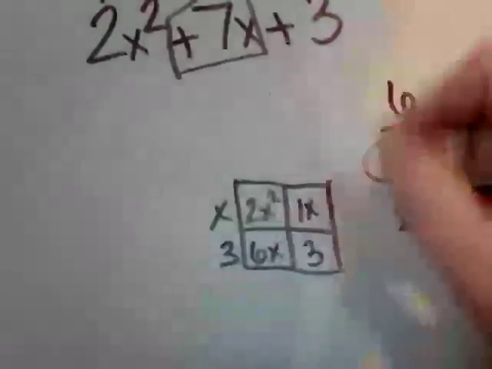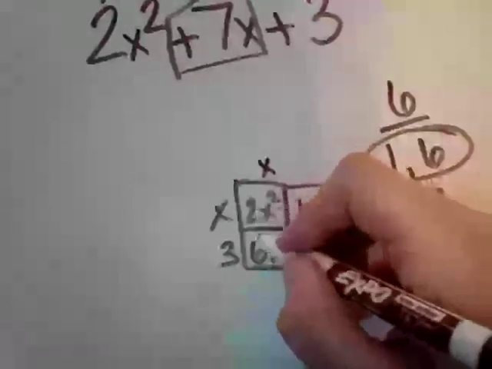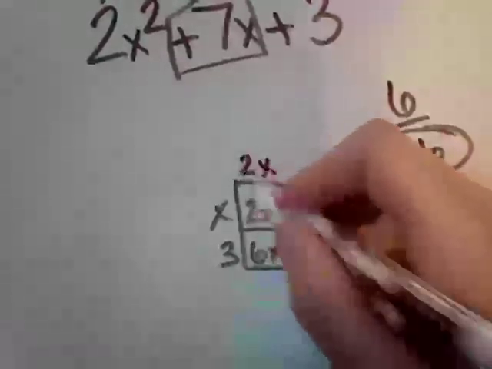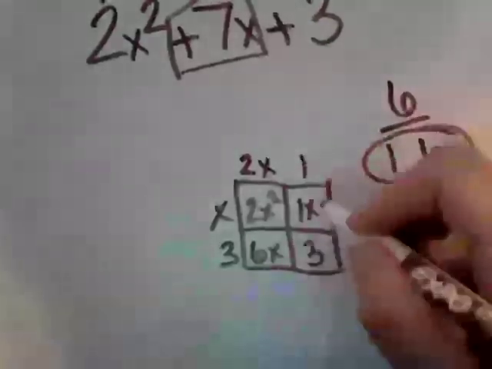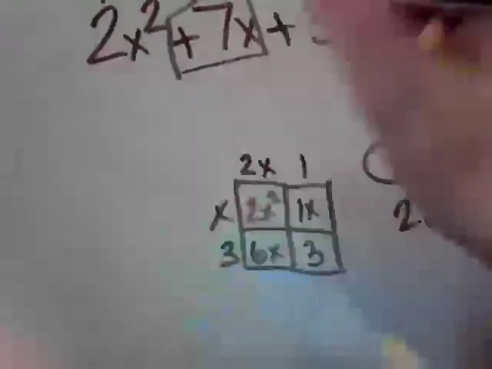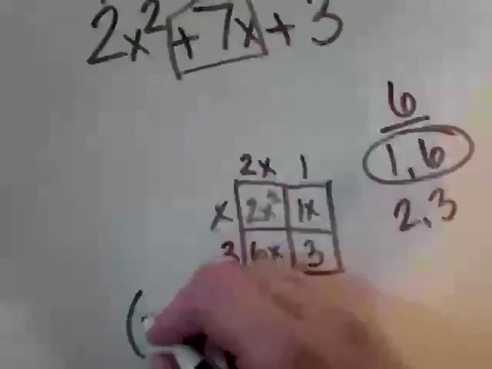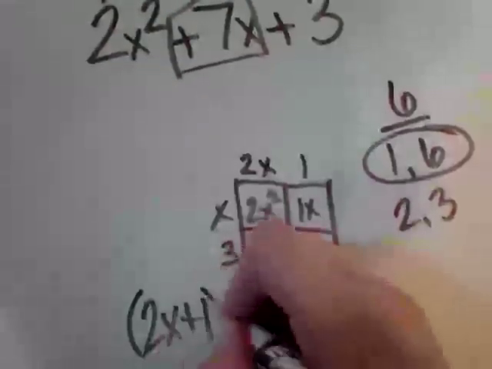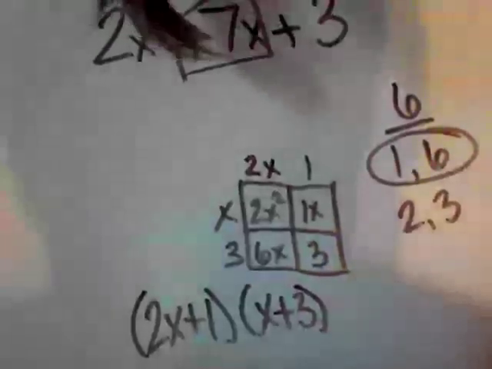When I look at the columns, for the first column, we can factor out an x, and we can also factor out a 2. Here, we can factor out just a 1, right? That's the only thing that these have in common, is they're both divisible by 1. Okay, so our 2x squared plus 7x plus 3 really just factors into 2x plus 1 times x plus 3. Okay.